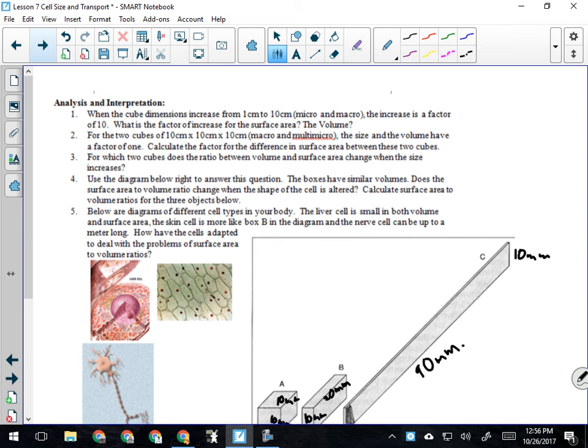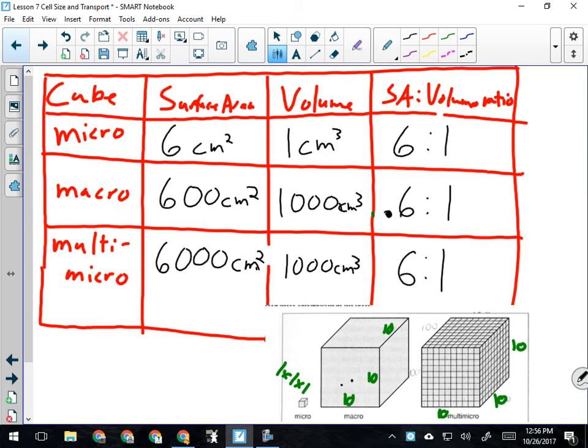That means each side was 10 times bigger. Right? What's the factor of increase for the surface area and for the volume? So all I do is go back to my chart and I go, okay, how many times bigger is the surface area of macro than micro? Okay, and how many times bigger is the volume of macro than micro? That's all question 1 is asking.